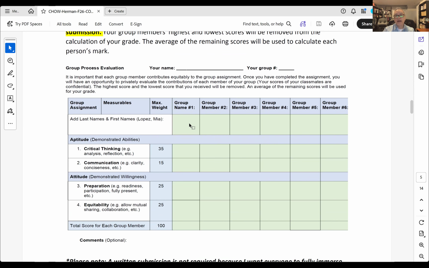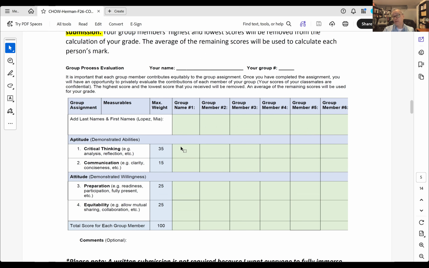So let's say you have 5 members, not including yourself. You do not need to write your own name because your name already goes on top, but your other group members will go here. Person A, person B, person C, etc. And then for each person, you're going to score them in each of those four categories. Critical thinking is out of 35.